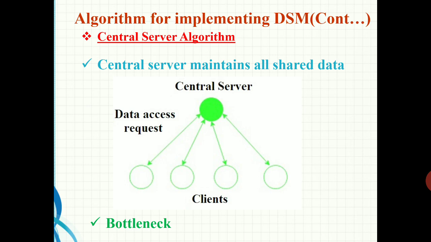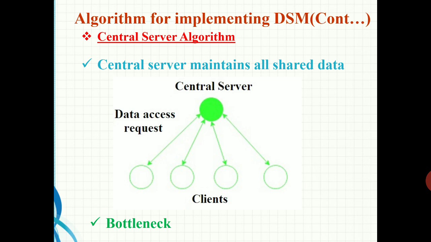The advantage of this algorithm is that the implementation is simpler, but the disadvantage is the bottleneck. There is a chance that the central server can become a bottleneck. To overcome this situation, the shared data can be distributed among several servers.